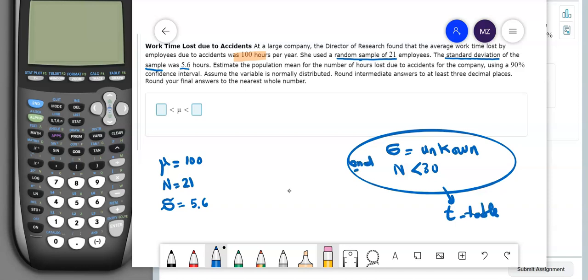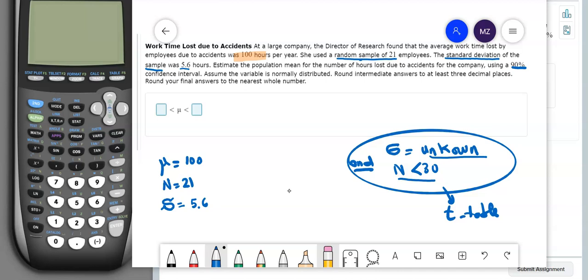And here it is not or, it is both of them: sigma unknown and n less than 30. So you're using the t table. Okay, so estimate the population mean of the number of hours lost due to accident for the company using the 90% confidence interval. Assume all the variables are normally distributed, round to intermediate values.